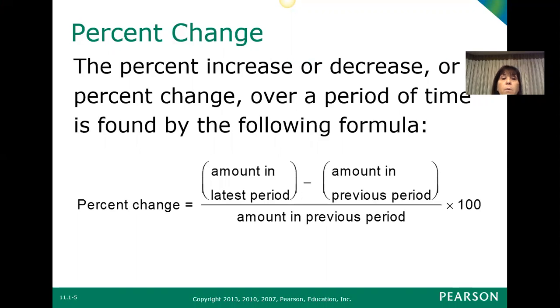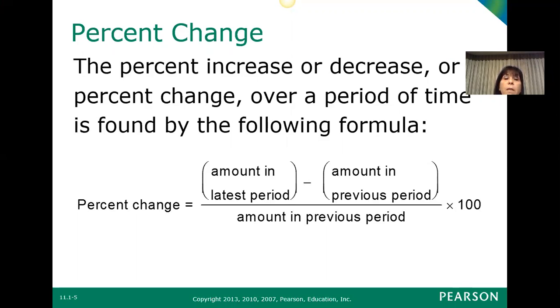Okay, the other thing we will be looking at today is how to change our percent increase or decrease to a fractional form. So again, a percent increase or decrease is where you are changing the amount that you have over a period of time. The formula for that, and this could be something like percent markup, percent markdown, or any kind of percent change, percent increase or decrease.